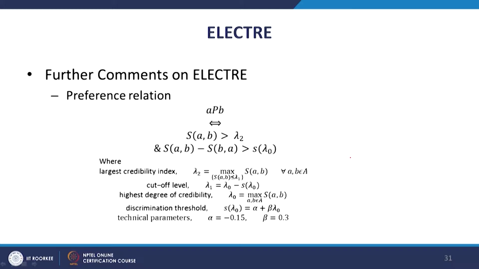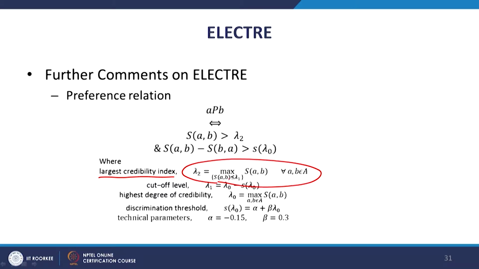In the last part of the previous lecture we talked about some of the equations used to determine the preference relation. Small a capital P small b, the preference of A over B, is determined based on two conditions. First, whether capital S of A comma B is greater than lambda 2, the largest credibility index, and you can see the expression to compute it.